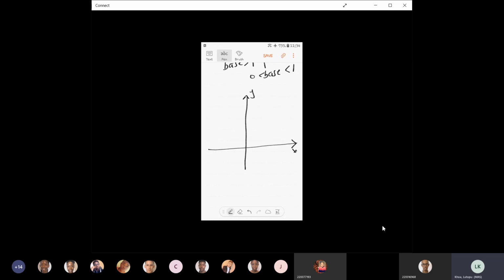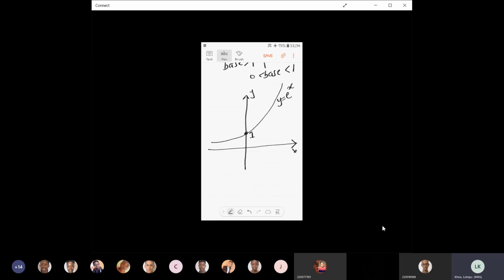Now we said e to the power of x has this shape over here, like that. This point here is always equal to 1. The y-intercept is always equal to 1. So this is y is equal to e to the power of x.